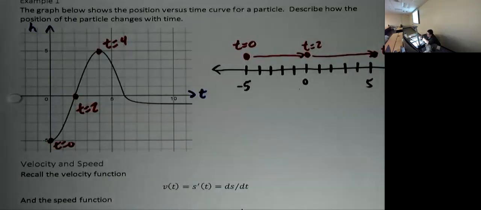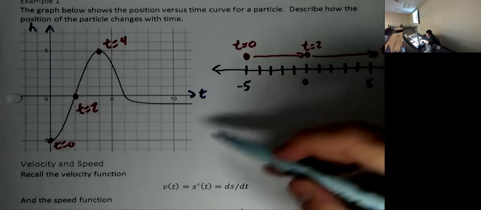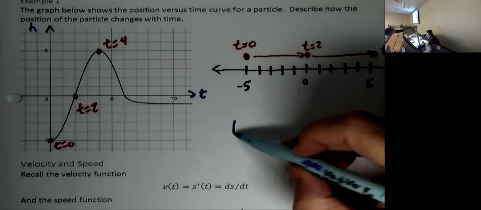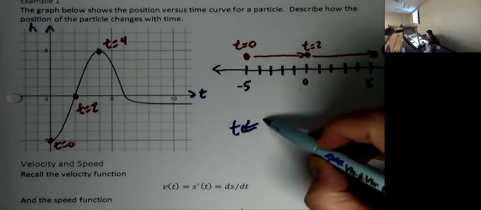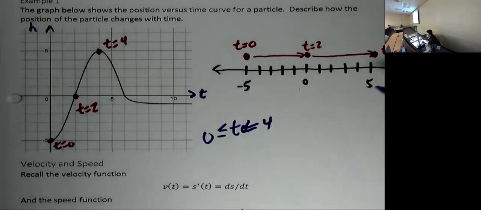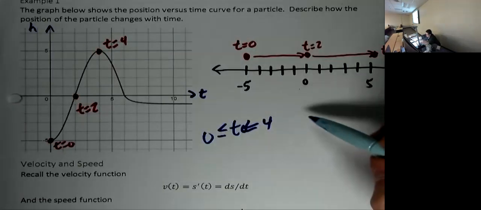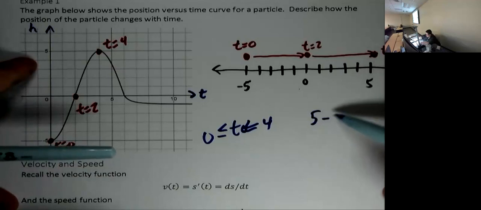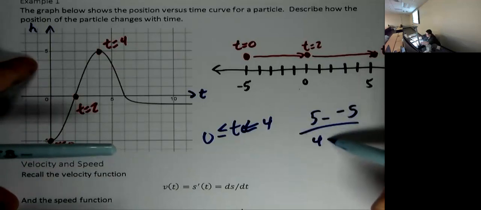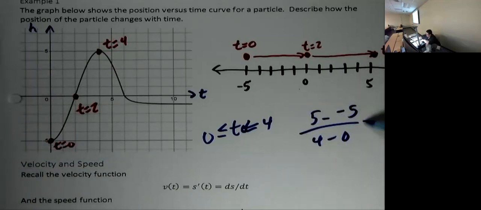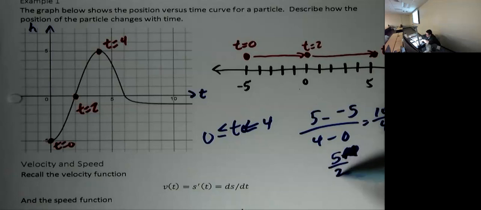We could measure the velocity between t equals 0 and 4. I could do 5 minus negative 5 over 4 minus 0. We're getting 10 over 4, or 5 units per 2 seconds.